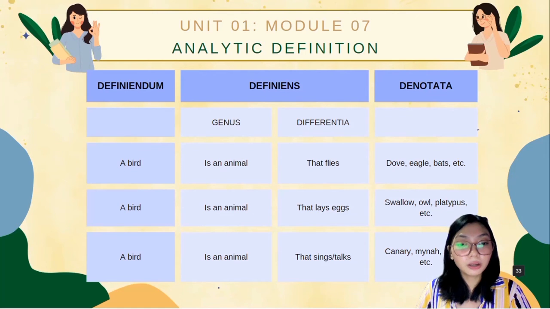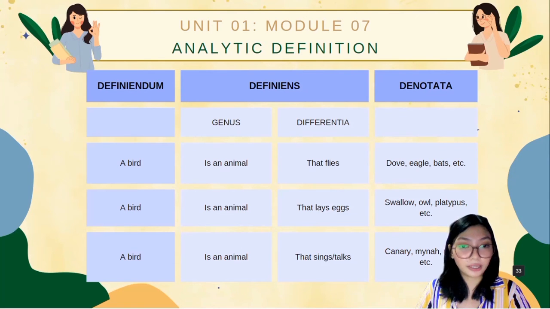You can also observe that the differentia and the intension are very critical when it comes to analytic definition. This is why we must be very careful in constructing a definition, because it can be either too broad or too narrow.